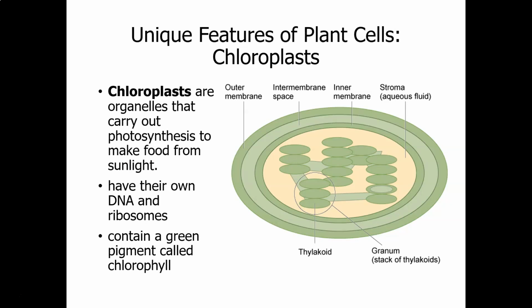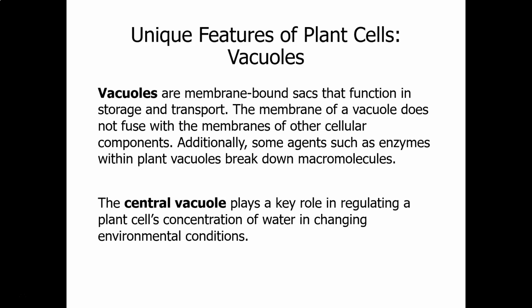All right, chloroplasts are only found in plants, and they carry out photosynthesis. Like the mitochondria, they have their own DNA and ribosomes. And they contain the pigment chlorophyll as well as other pigments. Vacuoles are larger than vesicles.